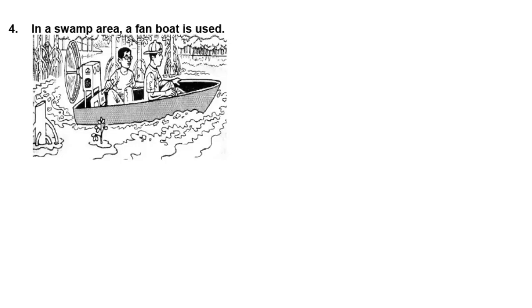Okay, so next we have another application. In a swamp area, a fan boat is used. In a swamp area, underneath the water we have roots from the trees, pokok bakau in Malay. So you cannot use ordinary motor boats, but we have to use the fan here.